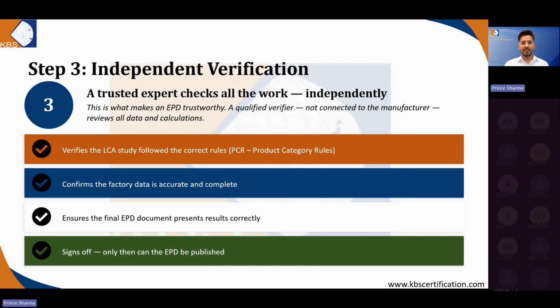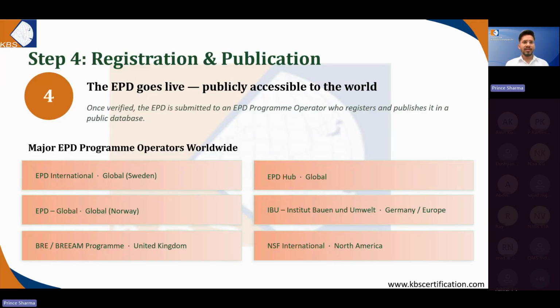Then he signs that report and sends it to the program operator. So the secretariat of that program operator will publish or sign the EPD from your side, and that particular format of the EPD will be signed and sent to the website for publishing.